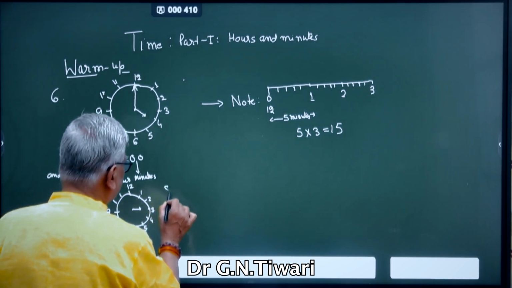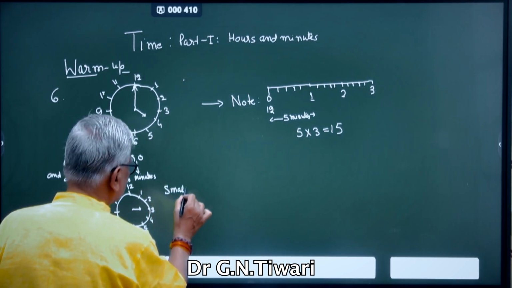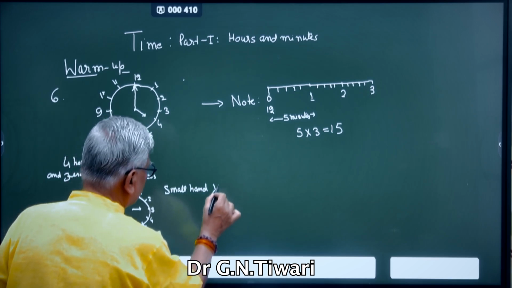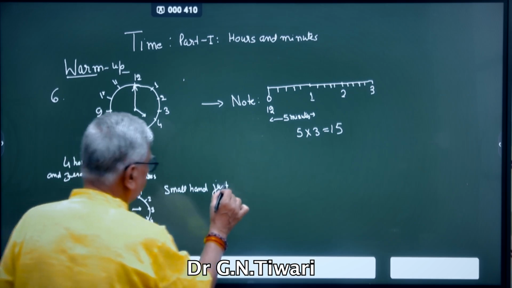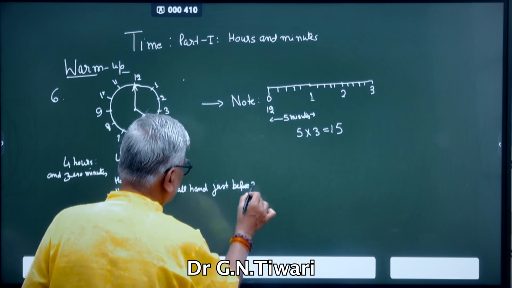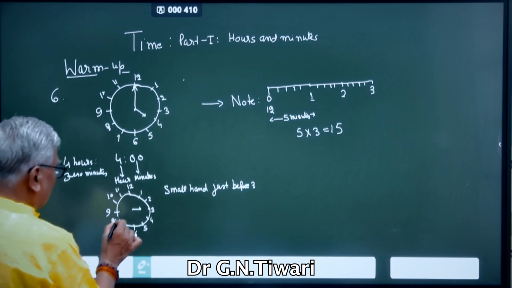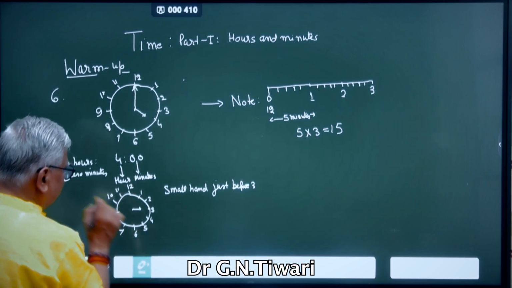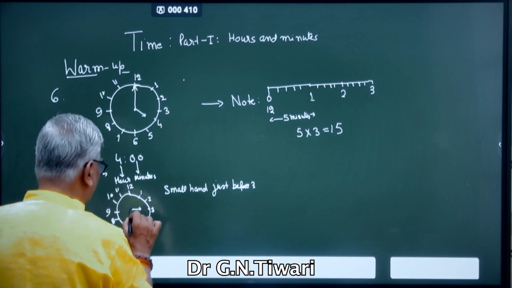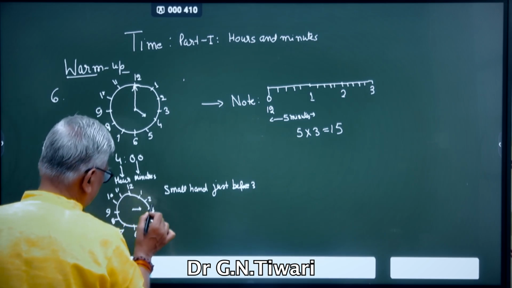If the small needle is just before 3, देखिए, small needle, small hand, just before 3. That means it is going to be 3. So it might be 2.